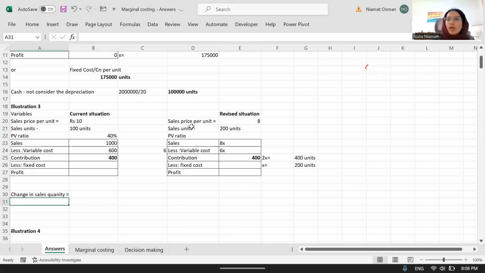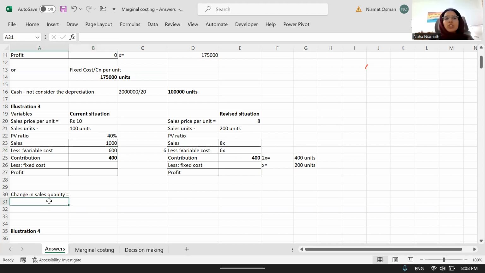Okay. So we have variable cost of 600 rupees based on the current situation. So 600 by 100 units will give me 6 rupees per unit, correct? For variable cost. So that will give me 6x here because I don't know the number of units I'm going to sell. Okay, thank you.